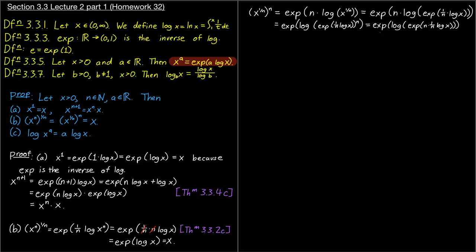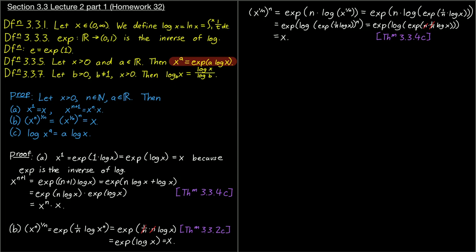That is by theorem 3.3.4c. And then, as usual, we just cancel out the n and the 1 over n. exp log, exp log. Doesn't matter how many of them we get at the end of the day. We get an x. So that's part B.